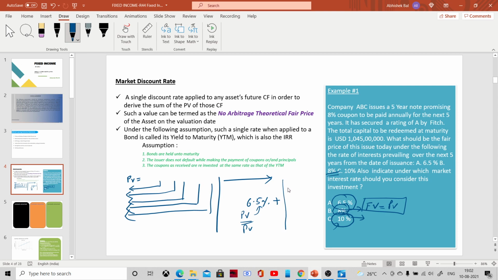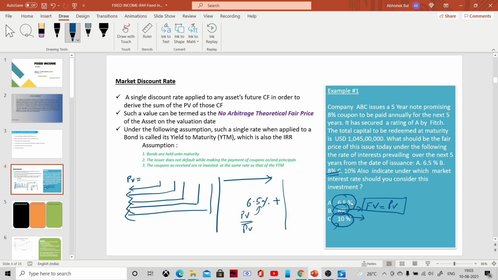One of them is that if you're getting the security at less than the theoretical fair price of it, that should actually be the ideal buying point. So even if the market interest rate is at 8% or at 6.5%, it really does not matter in this case, so long as the security is priced at less than $10,000 in case the market is at 8%.